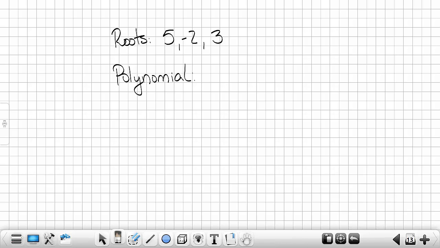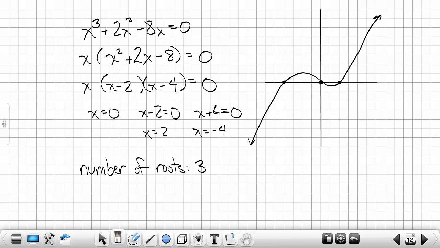Okay. So we're on page 2, middle of the page. Write a polynomial equation. What was the number of roots? Number of roots was 3. The roots were. Right. I apologize, Sada. Roots are here, here, here.